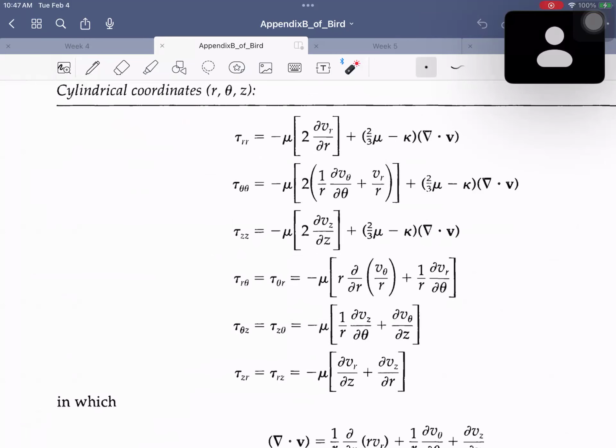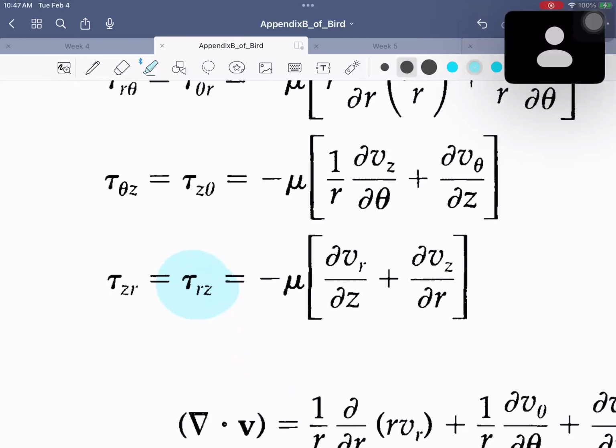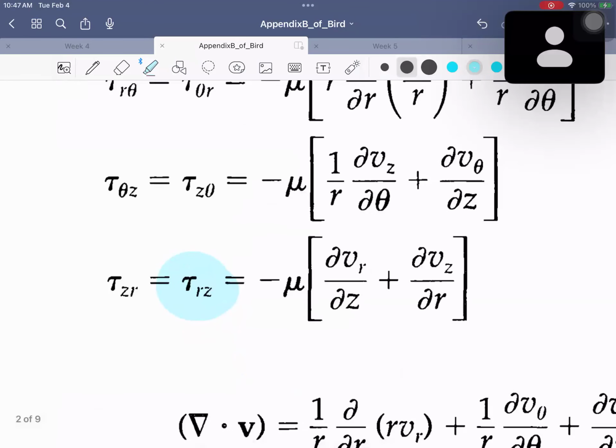They have listed all 9 components right here, but what we're focusing on is tau RZ. Can you see it? It's equal to this term. So you can just look it up in the appendix and apply it to your problem.